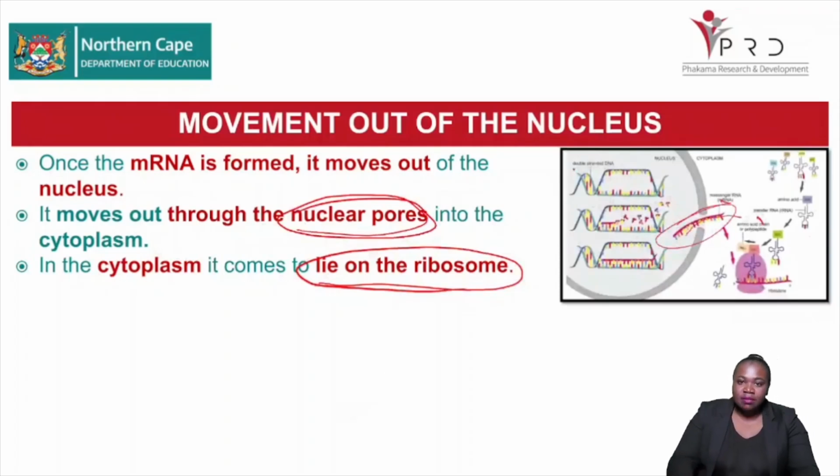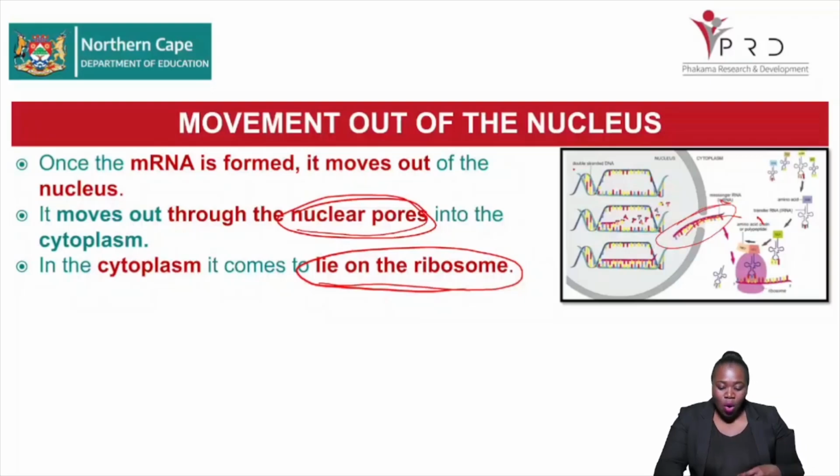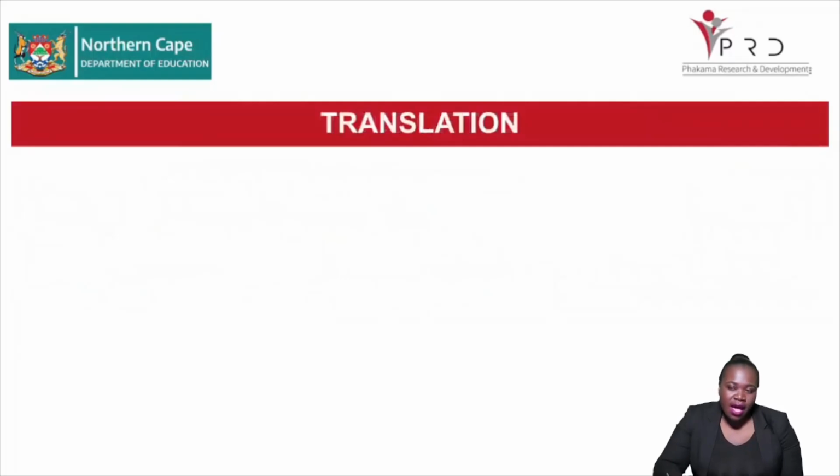Then in the cytoplasm, translation starts, whereby we use this mRNA to code for the tRNA anticodons, which will bring the relevant amino acids onto the ribosome to form that long polypeptide chain that will be formed based on the codons. And then as the chain is being formed, we have an amino acid sequence and a protein is formed.